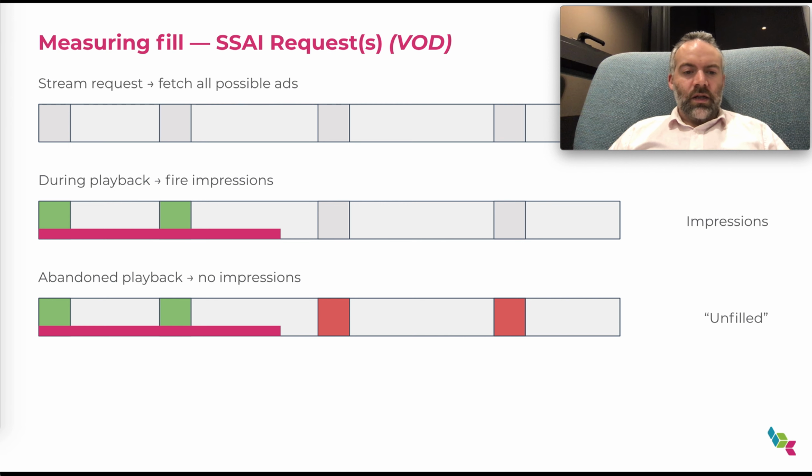So if a user abandons playback at this point, we're just left with this gap where no impressions have been fired for those later mid-roll slots. To an ad server, this looks like poor performance. A publisher, a web page has made available a bunch of inventory, but not really delivered on it.